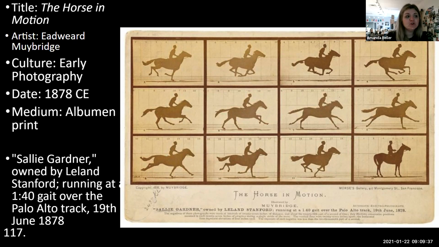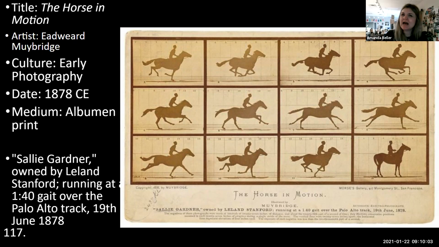Stanford had made a bet with a friend of his, some other rich guy. And this other rich guy said there is no way that all four of a horse's legs leave the ground at one time. There always has to be a foot on the ground, right? When the horse is running.